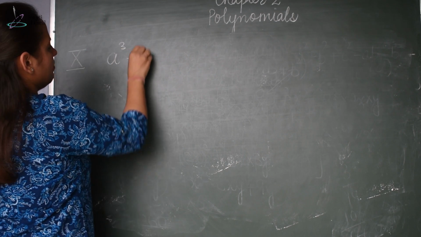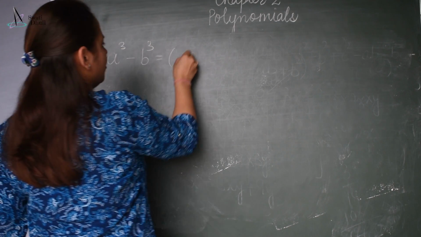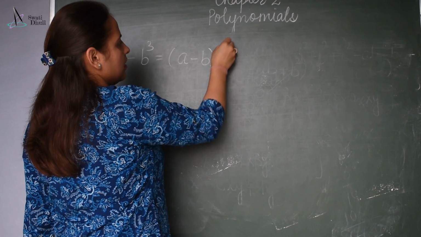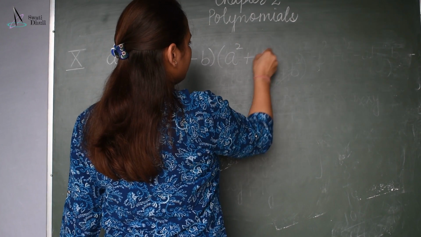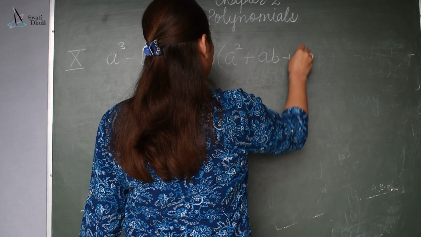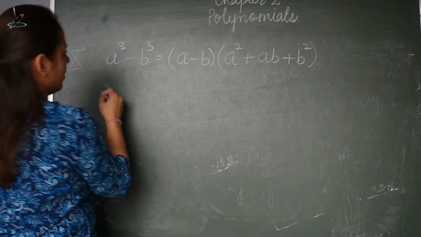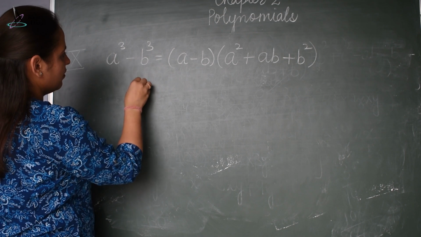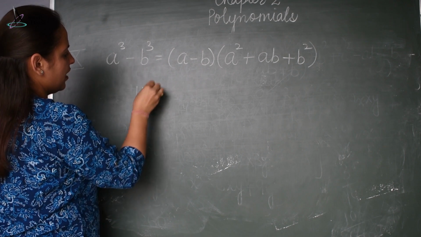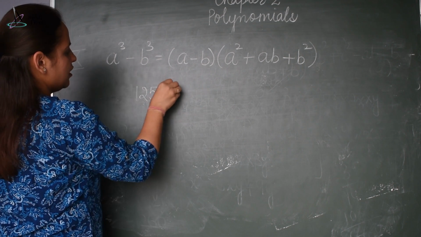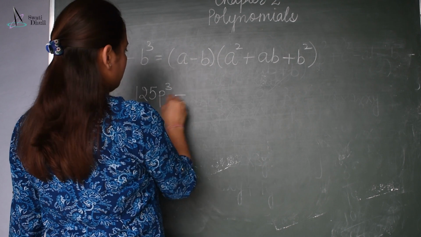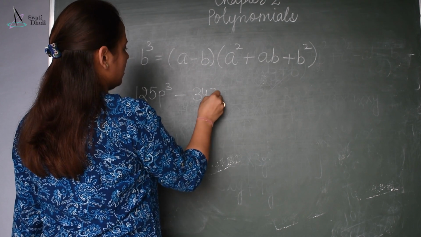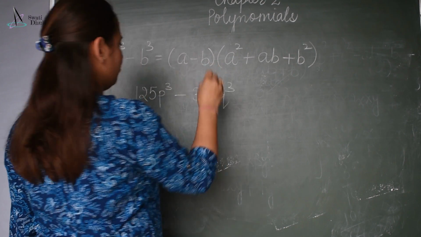a cube minus b cube is equal to a minus b into a square plus ab plus b square. Now let's take an example for it. If I have 125p cube minus 343q cube.